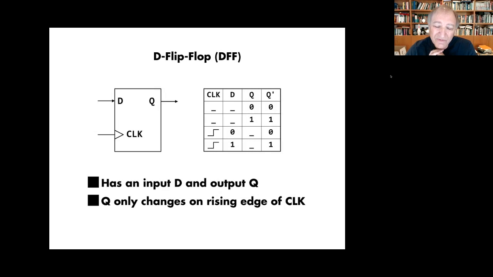We have these things called flip-flops, or memory cells, and they have some input and some output. Normally we have a clock, and whenever the clock edge rises, goes from 0 to 1, we latch the value of D into the flip-flop, and it's stored there, and it continues to be output on Q until we get another rising clock, in which case we could change the value.